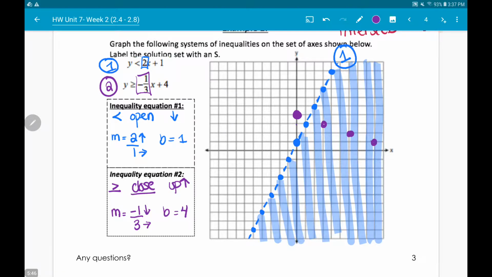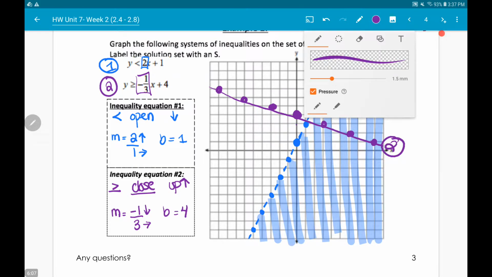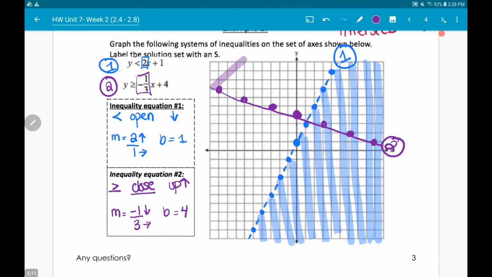And I want to make sure I go to the end. So now I'm going to go backwards and continue with that pattern. Okay. It was greater than or equal to, so it is going to be a solid line. I'm going to label that as line number 2. And in this case, my shading is going to be in the upward direction. So I'm going to shade up here.